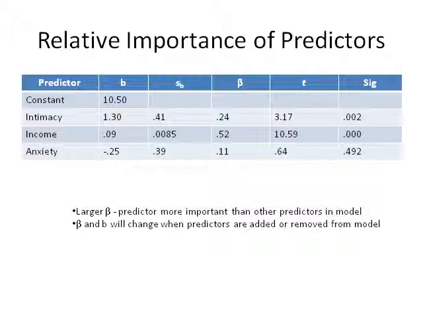For example, if we added a predictor such as social prestige to the equation, we might find that the unique area predicted by income is dramatically reduced, while the unique area predicted by intimacy increases. Such a circumstance would lead to different B's and different betas and cause us to adjust our impression of which predictor is more important in this model.